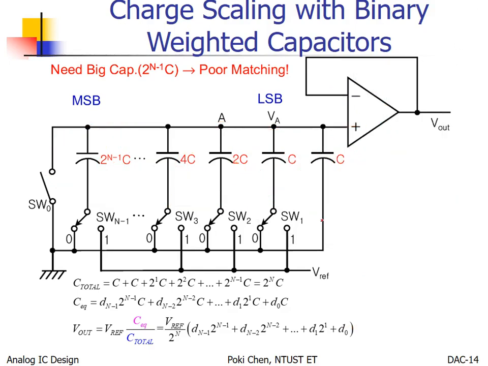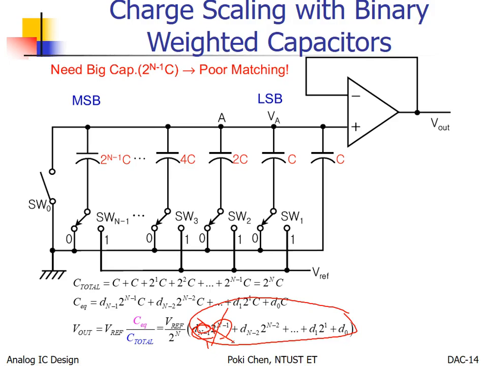Very easy. This one. Why? If this is 1, then this will be counted. Okay? If this is 0, it won't be counted. Right?